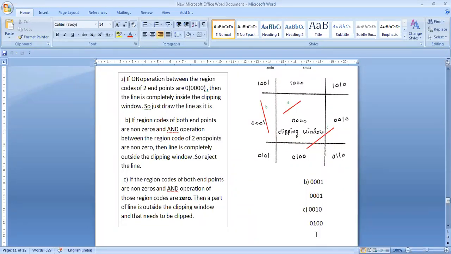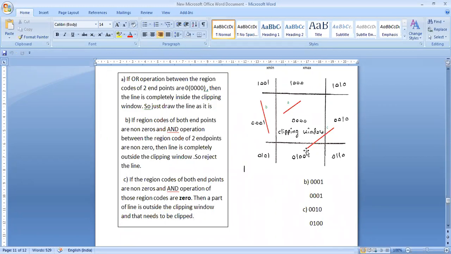Third bit, 0 and 1, AND is 0. Fourth bit, 0 and 0, AND is 0. So the AND operation of these two region codes is 0, 0, 0, 0. That means it is 0. Then we say that a part of the line is outside the clipping window that needs to be clipped.